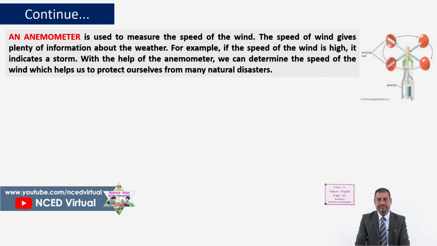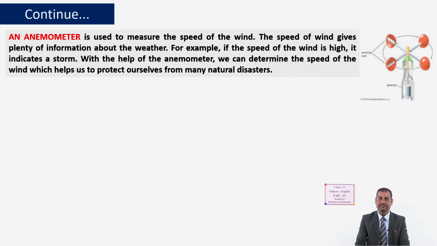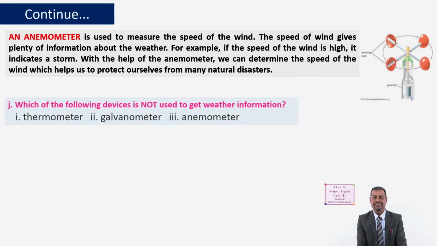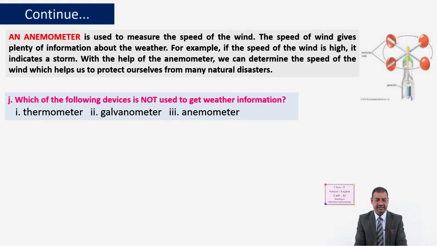Are you reading? Good. Have you finished reading? Okay, you can finish now. Dear students, I hope you have finished reading this paragraph, and the question for you: which of the following devices is not used to get weather information?